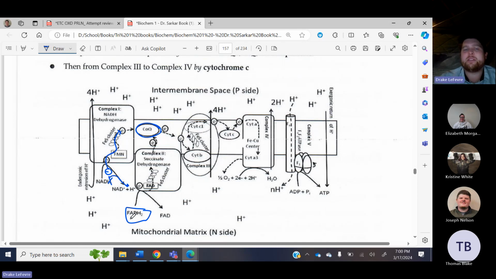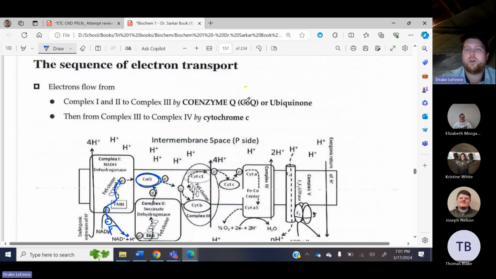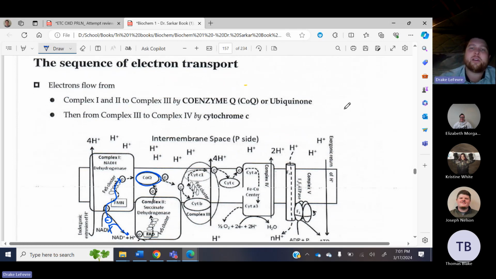Other than that, it's the same exact job, just with FADH2 instead of NADH, where it separates the hydrogens with a succinate dehydrogenase. Again, dehydrogenase breaks off the hydrogens. And it steals the electrons to bring them up and deliver them to CoQ, or coenzyme Q, also known as ubiquinone, because we love our AKAs.